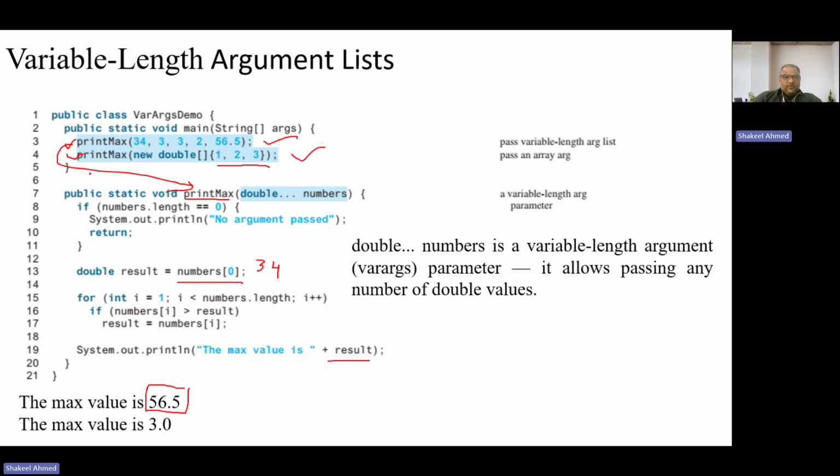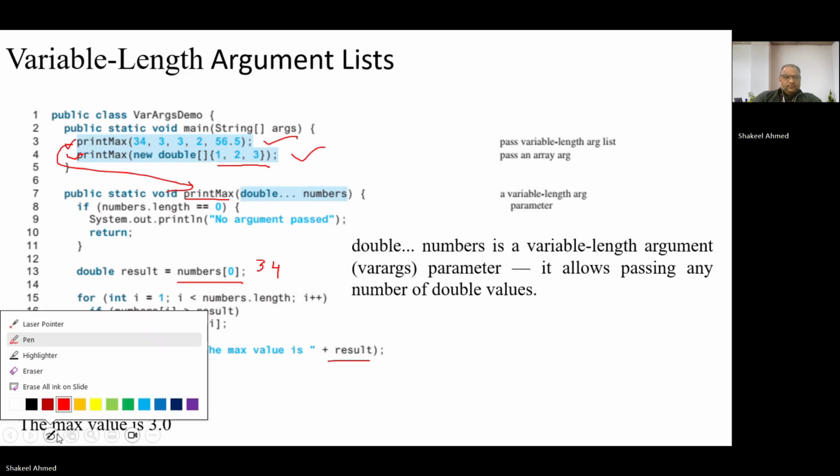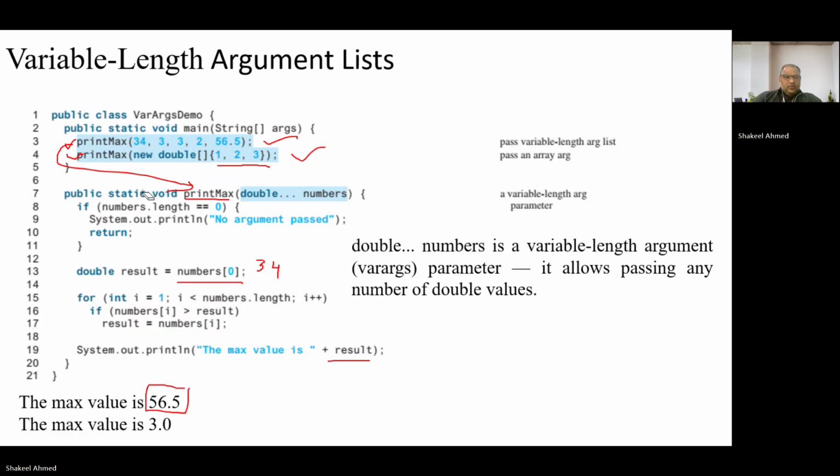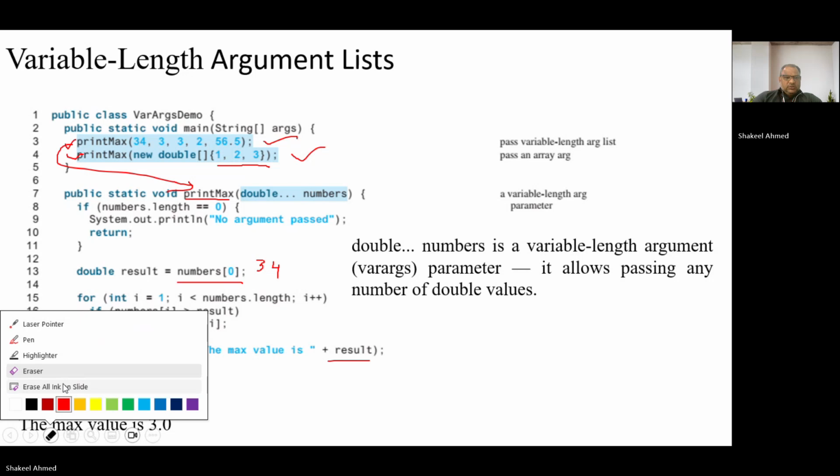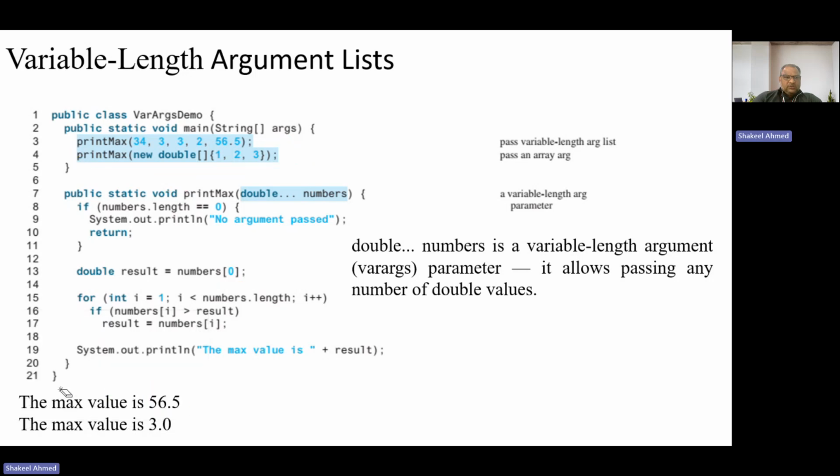Now, the second time, what we are doing here is calling the second method, printMax with an array. The same thing with an array. So printMax is called again with the double array numbers 1, 2, 3. If the length is equal to 0, it will return.